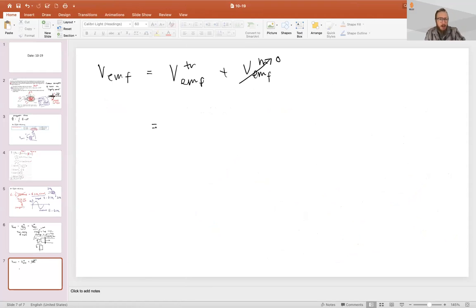And so we can describe this then. The relationship will be between the number of coils and the derivative in time of the flux.